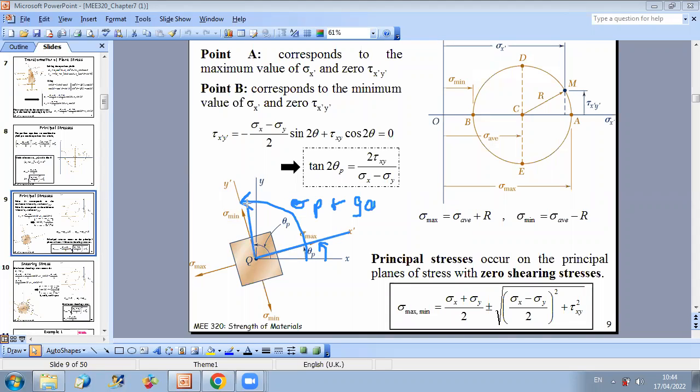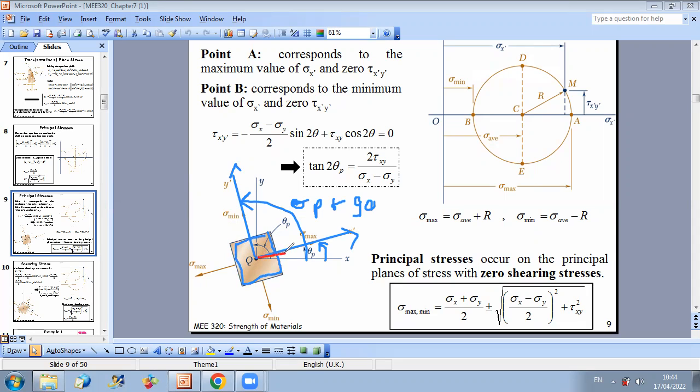And once I calculate theta p, I can say that along these axes, if I take an element around point Q in this frame, it will be characterized only by normal stresses, because shear stresses will be 0.